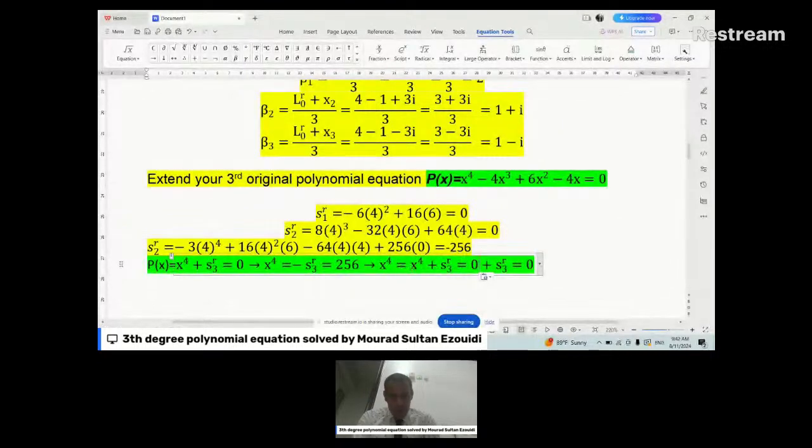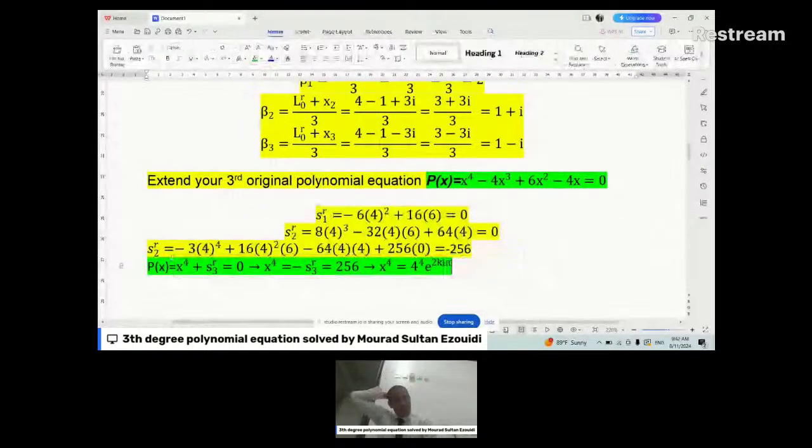Equal 4 raised to the power 4 times exponential 2k I pi. This is x raised to the power 4. Now, learners, to solve this, it's clear that xk is equal to 4 exponential ik pi over 2.